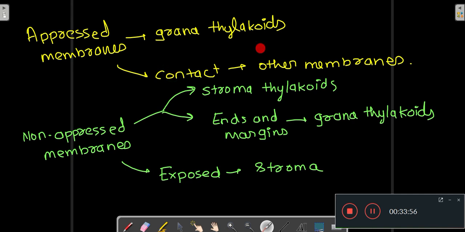Then there are these non-appressed membranes which are found in the stroma thylakoids and which are also found at the ends and margins of grana thylakoids. These non-appressed membranes are exposed to stroma. So this non-appressed membrane contains PS1, photosystem 1, and this appressed membrane contains PS2. So PS2 is in contact with other membranes and PS1 is exposed to stroma.